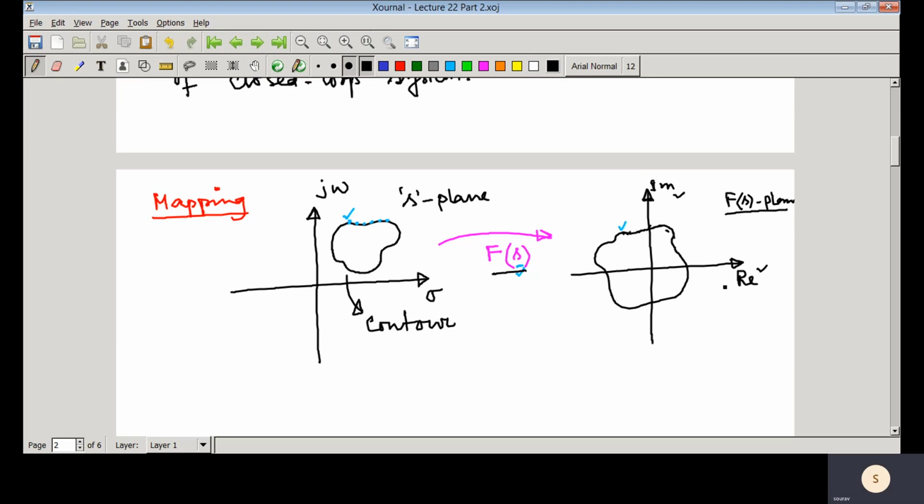What would be the shape of this contour? It depends on what function we have considered.